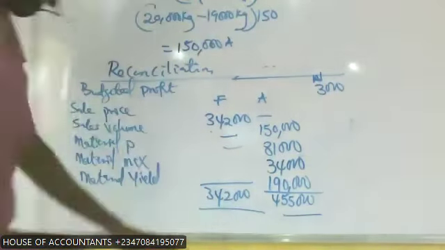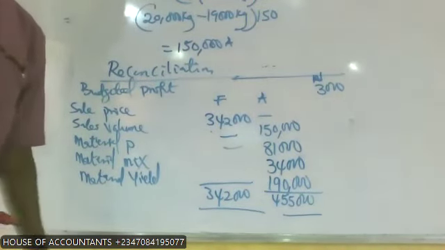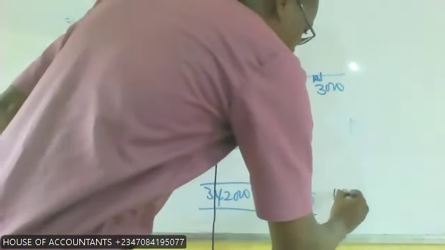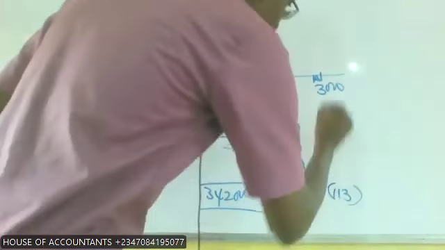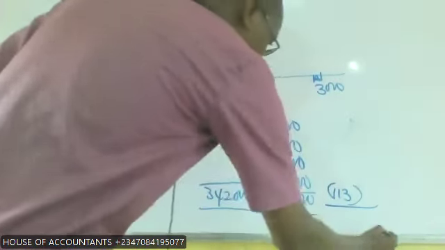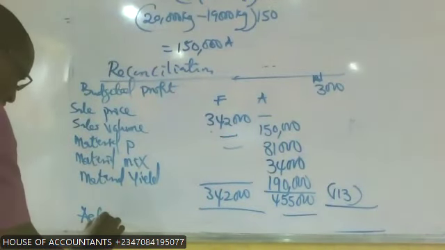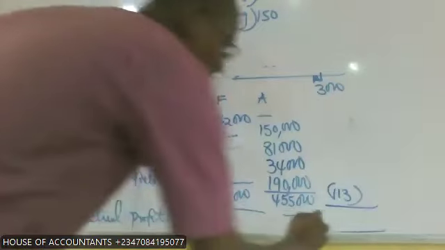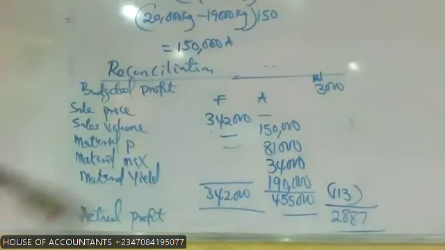The difference between this and this will give us 113,000. So 113,000 minus this must give you the actual profit you have gotten. And what is our actual profit? 2,887.